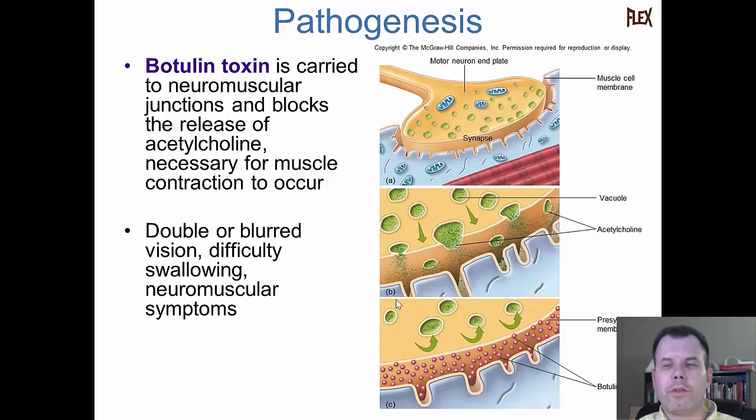Typically you start to see the normal foodborne problems, nausea, vomiting, diarrhea, but then you also see double or blurred vision, difficulty swallowing, and then neuromuscular symptoms, weakening of the muscles, maybe paralysis, and other things. This is very common in people that don't prepare their canned food properly, and that's where we see these things occur.